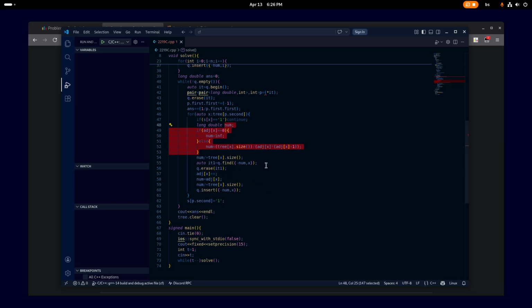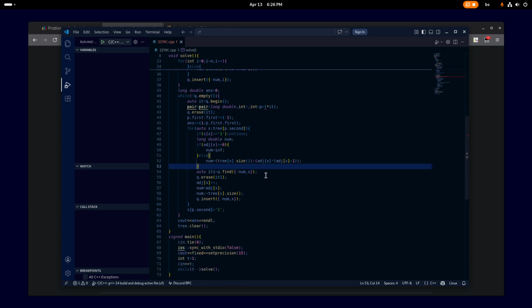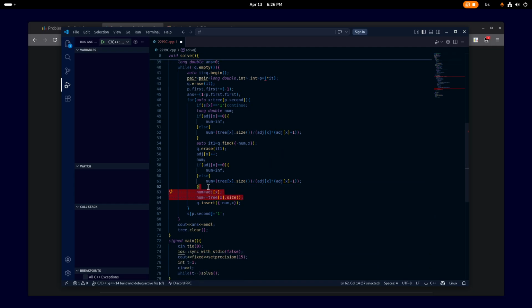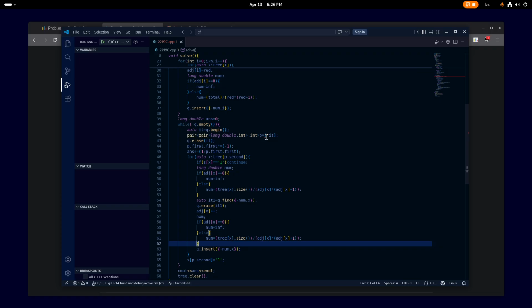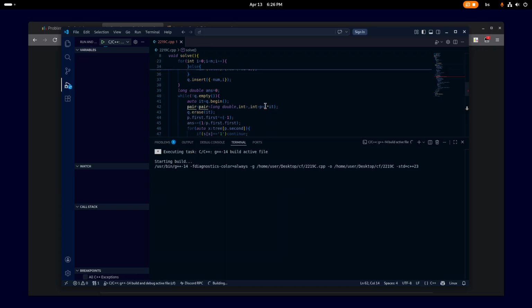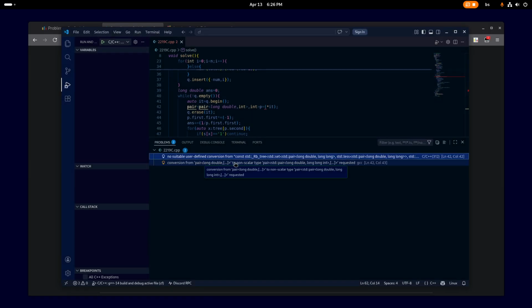Yeah, and then I'll copy this here. Yeah, okay. Okay, and then same thing. Yeah, okay, now let's see, does this throw a problem? Yeah, amazing. Conversion from long double.